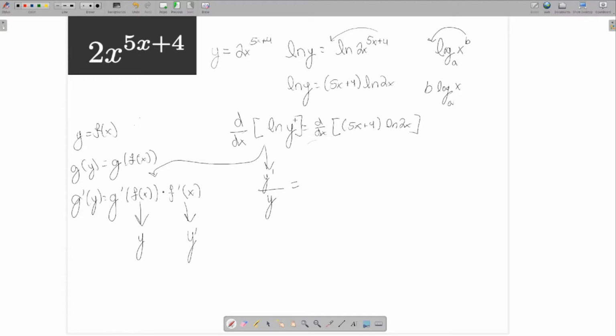Now look at this right side. With this, we're just doing the product rule.